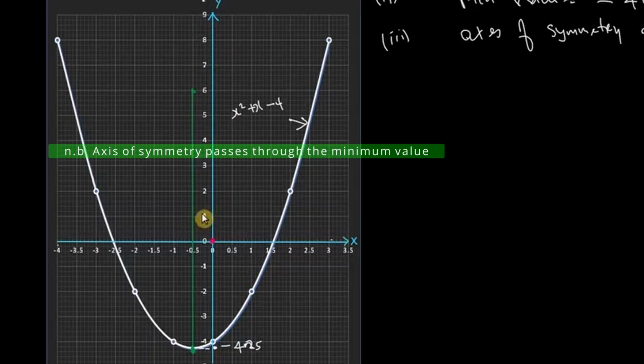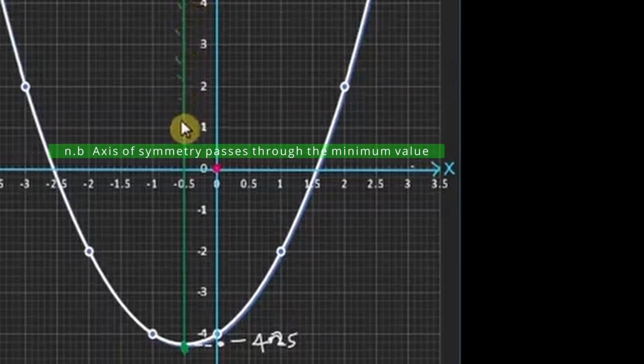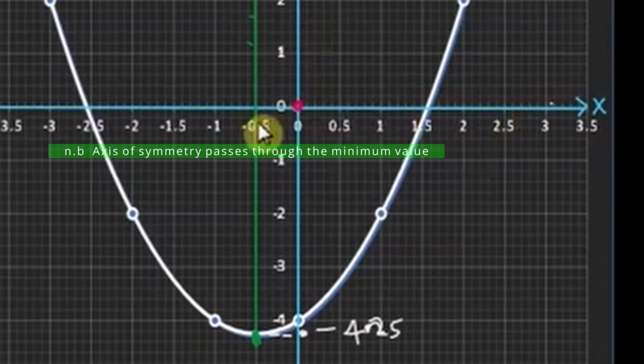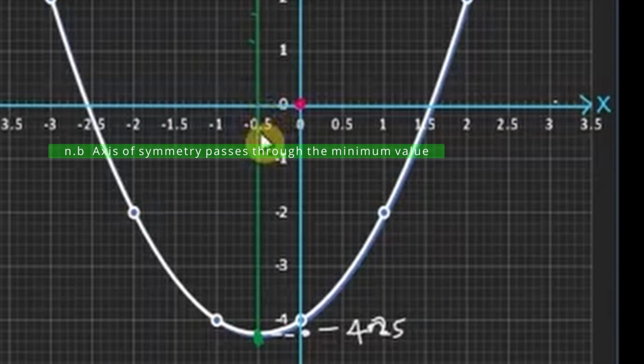We can see from the graph that the axis of symmetry, which I am also referring to as your mirror line, just to give you an idea how you could view this, is x equal to negative 0.5. So the axis of symmetry is the line around which this graph is symmetrical, and it is found that x is equal to negative 0.5.